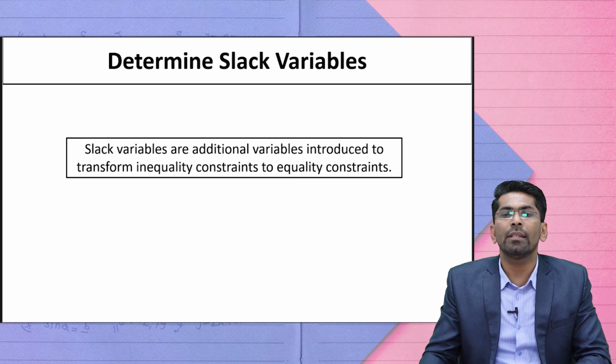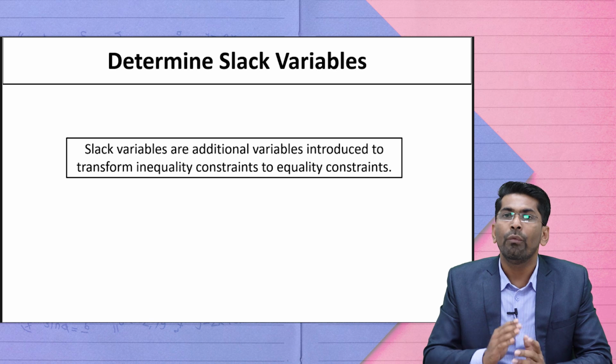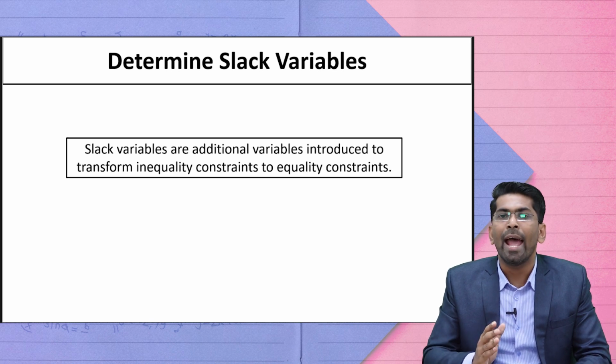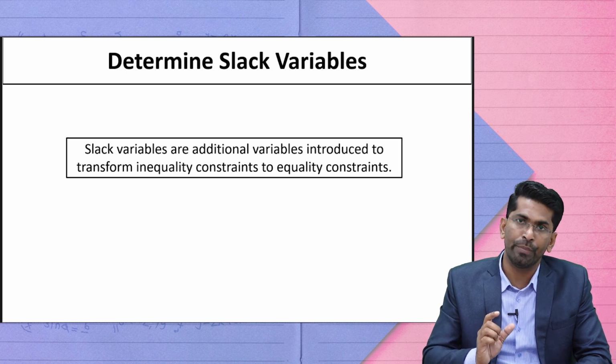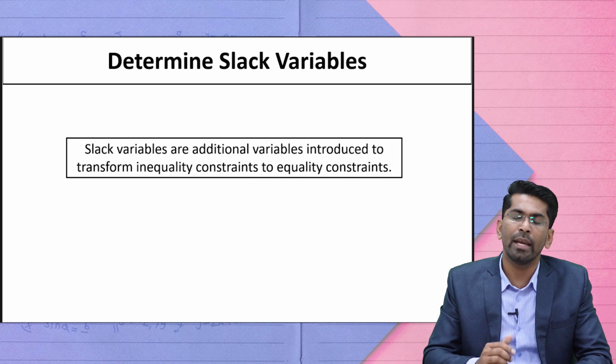So, we add the slack variable to the concerned equation with coefficient 1 and add the slack variables in the other equations with a coefficient of 0. We will specify it in the upcoming example.